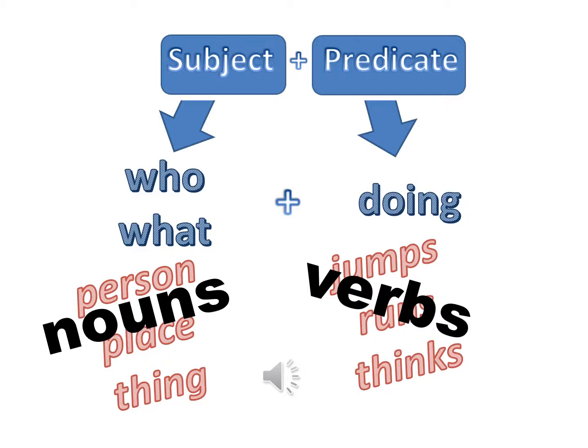The subject, person, place, or thing, is a noun. The predicate always has a verb in it. In fact, the predicate, most of the time, starts with a verb, like jumps, runs, thinks. And the predicate contains the verb and all the words after the verb.